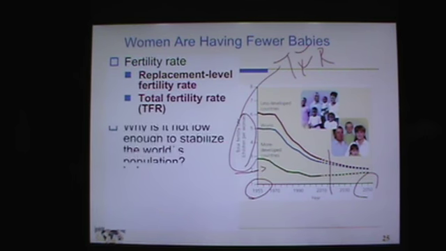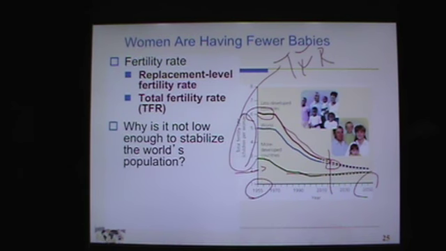That's the total fertility rate. In the less developed countries, the total fertility rate was about 6 children per woman in 1955, and it's dropped dramatically to a little more than 3 today. Worldwide, same thing. In the developed world, we're barely holding our own at 2.1.